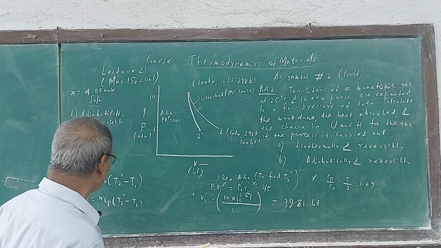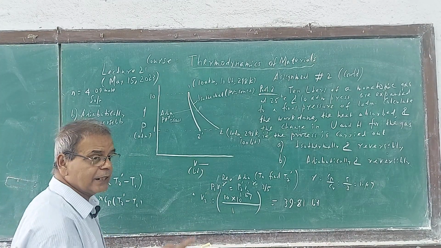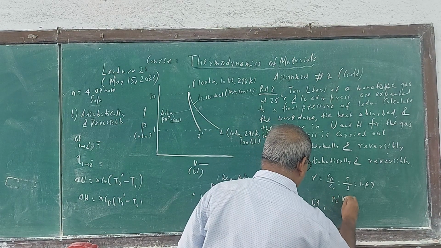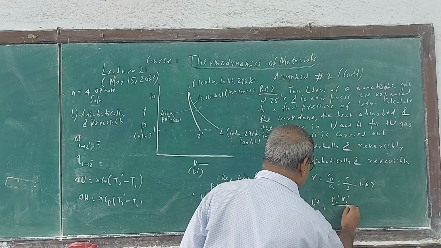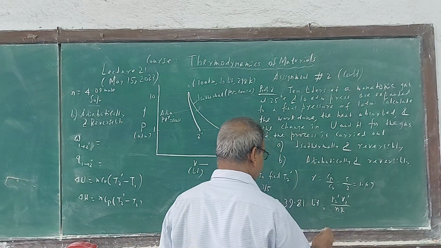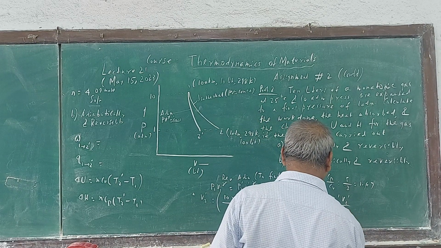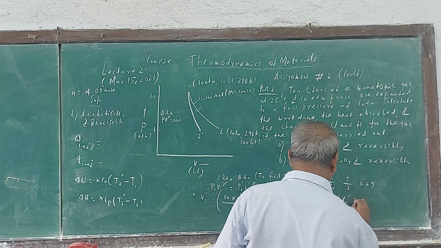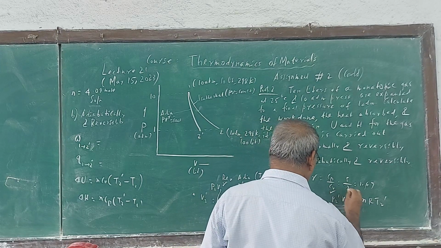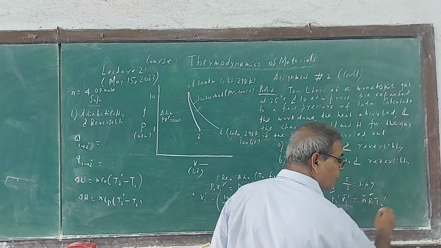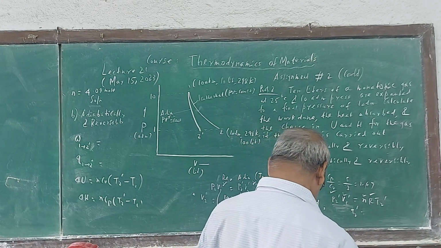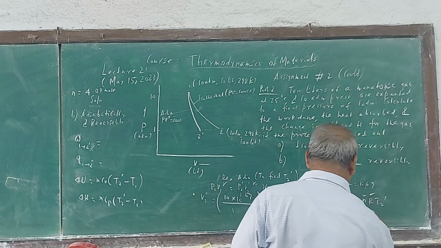With V2 prime known, the goal is to find T2 prime. T2 prime is what? Tell me. From P V equals nRT, apply this and get T2 prime. T2 prime is 118.6 Kelvin.